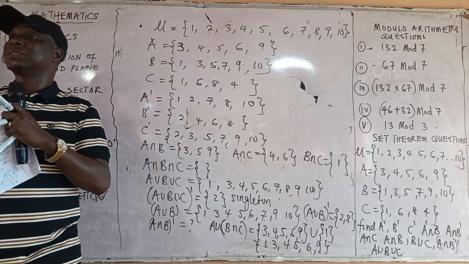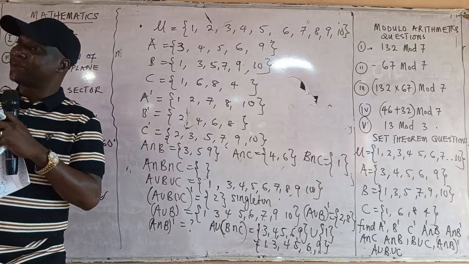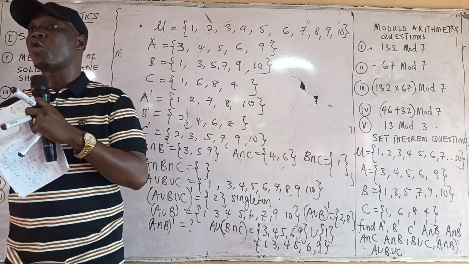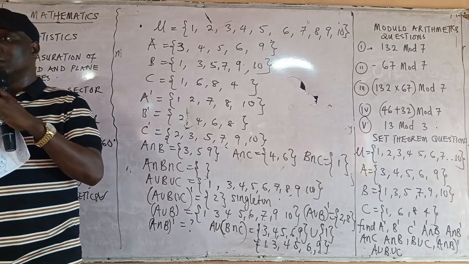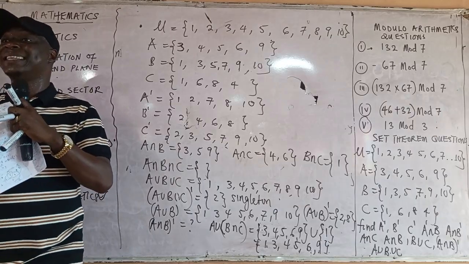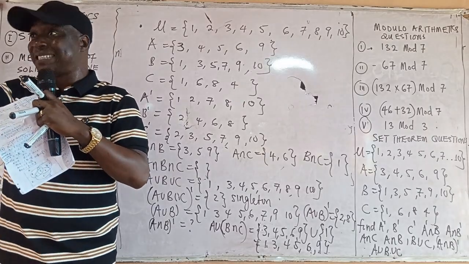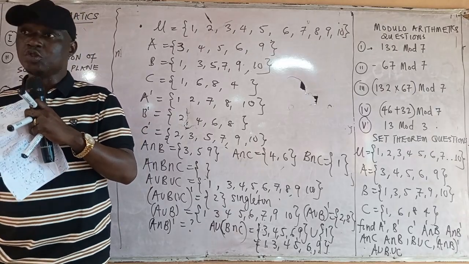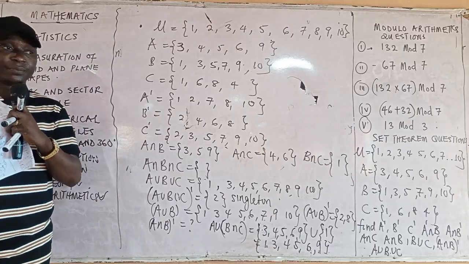Most of the time we use a circle to represent a set, and a rectangle to represent the universal set. All elements in a circle belong to that set. Anyone not in that circle is not part of the set.